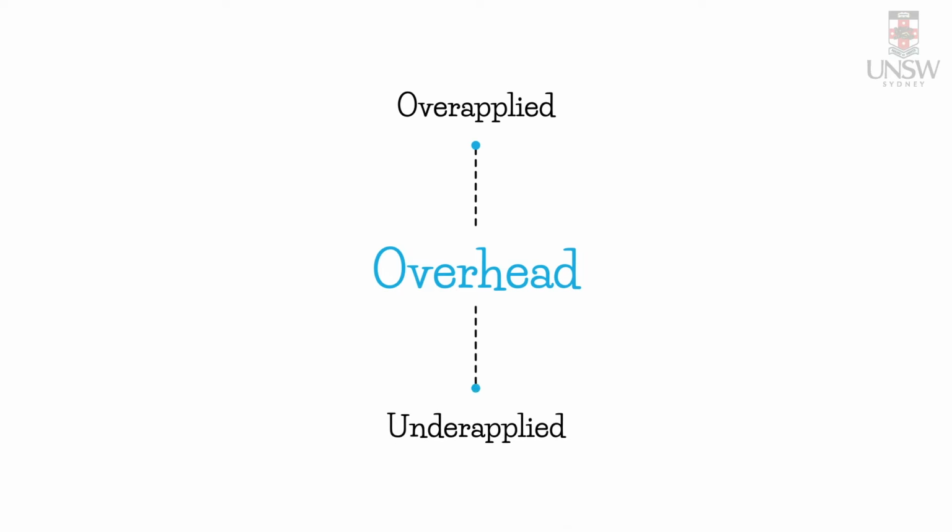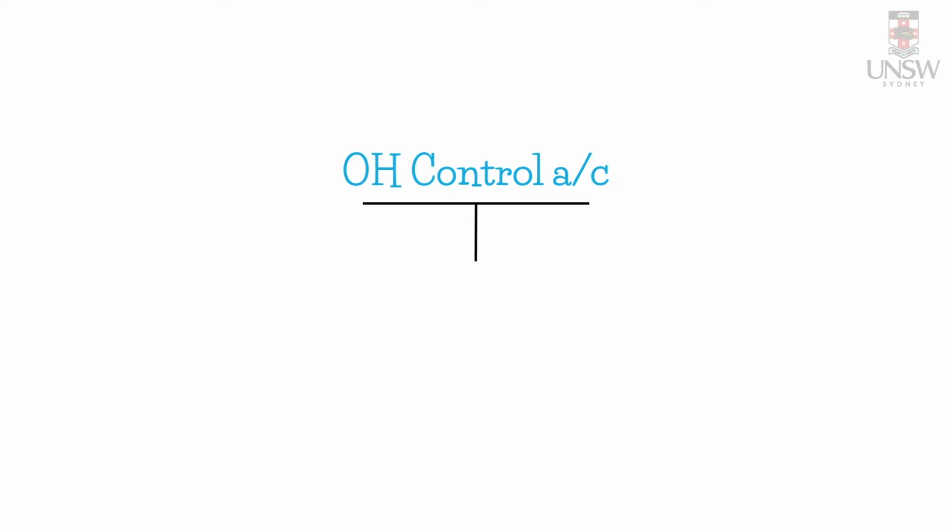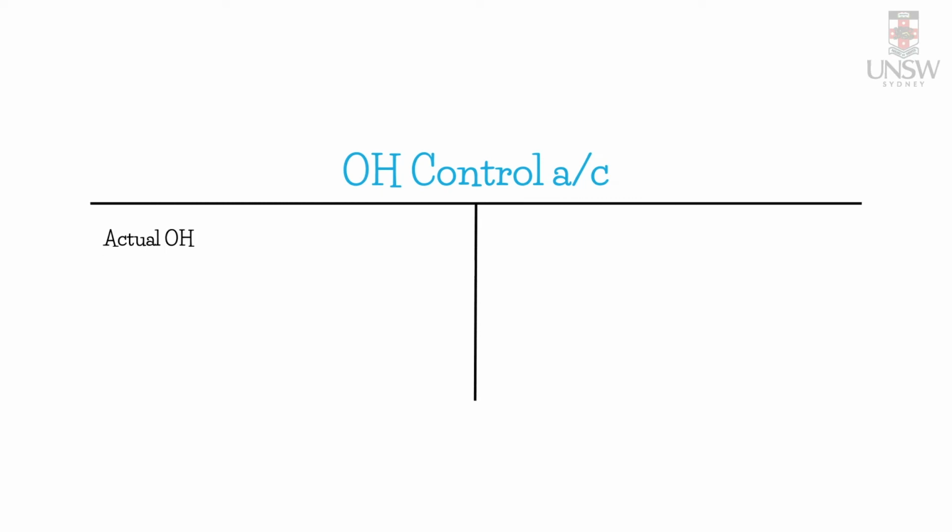Part 2 of the question asks us to determine whether there was over or under applied overhead, and to show the T account for overhead. So we put in the overhead control T account. The actual overheads will appear on the debit side, and the applied overhead appears on the credit side. Based on our previous calculations, the applied overhead, we can put into the credit side as $14,700.